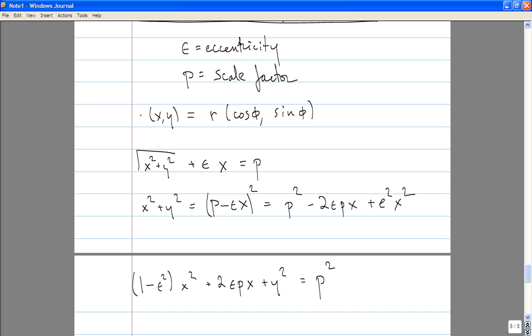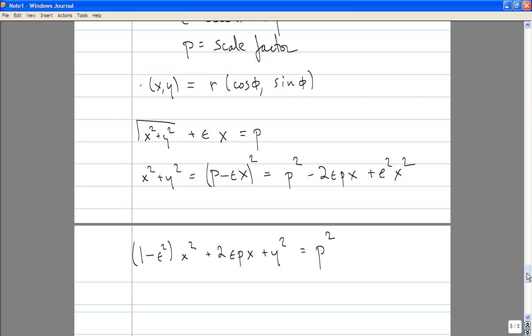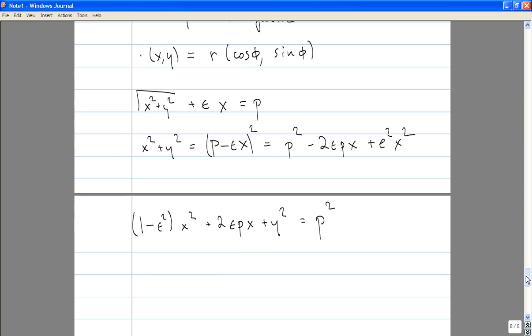This, as you probably learned many years ago, is the equation for a conic section. Thus, the orbits of the planets around the Sun, at least in the two-body approximation, are conic sections.